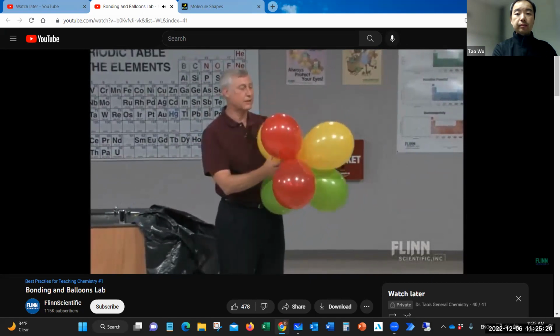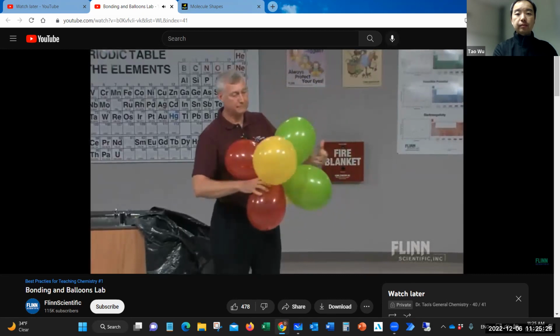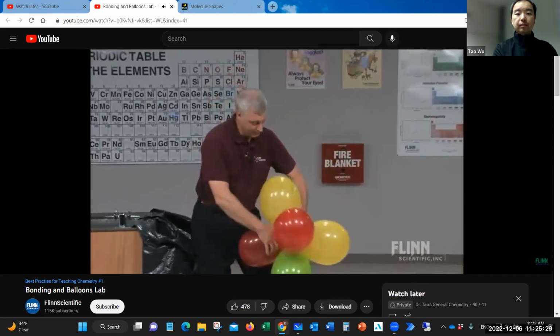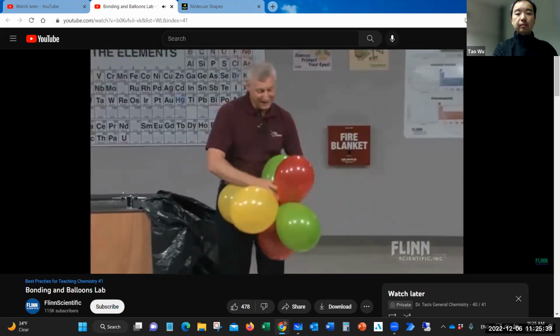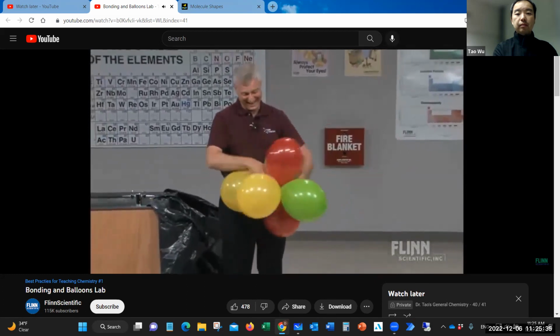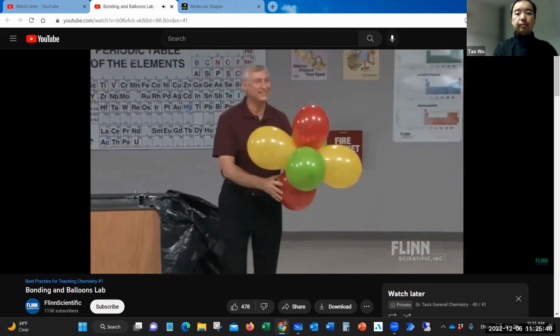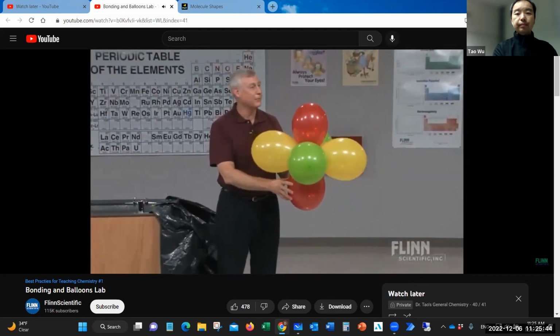And if I can get all of this oriented properly... There, success. Now we have 6 things covalently bonded around one central atom.